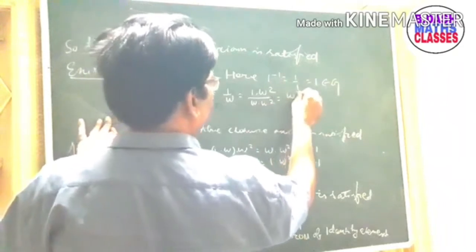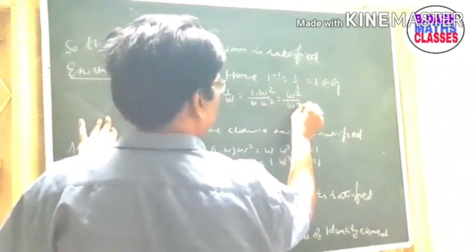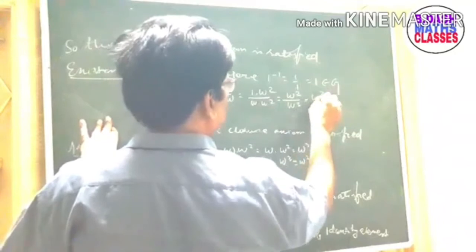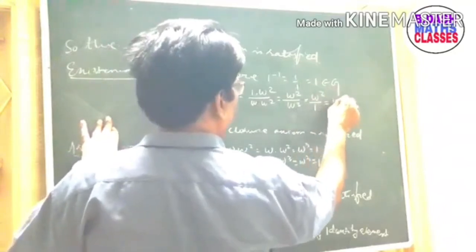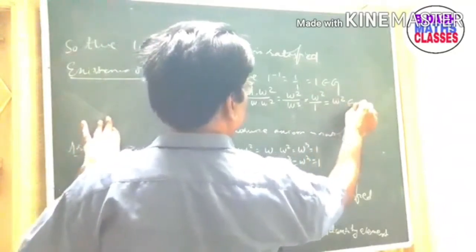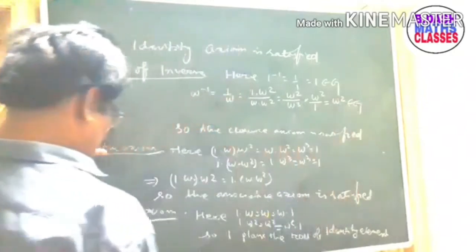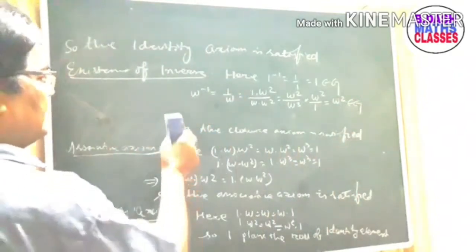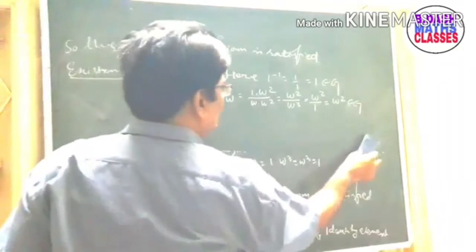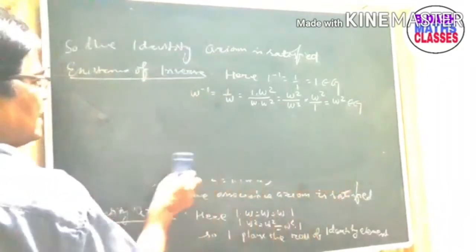This gives you ω²/ω³, which is equal to ω²/1 = ω², which belongs to G. It means ω inverse is equal to ω².